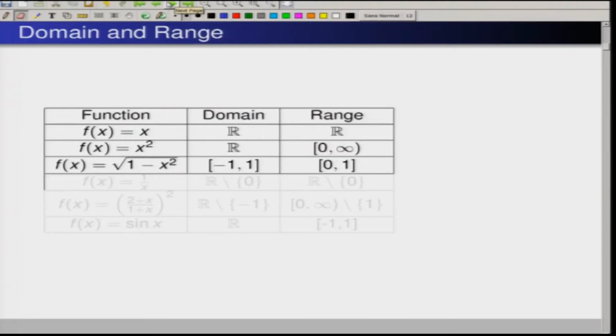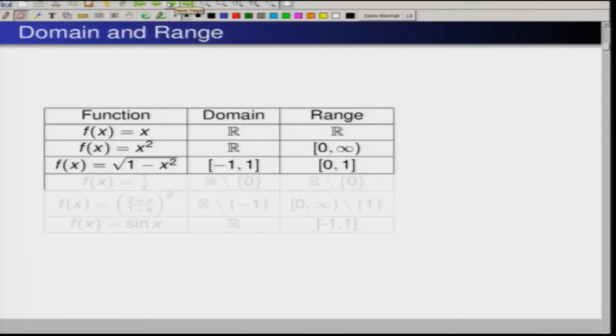Now, if I take f of x is equal to square root of 1 minus x square, here the square root can be defined for non-negative real numbers, and here we are considering the positive square root. That means 1 minus x square has to be greater than or equal to 0.